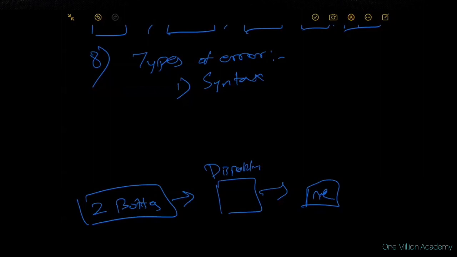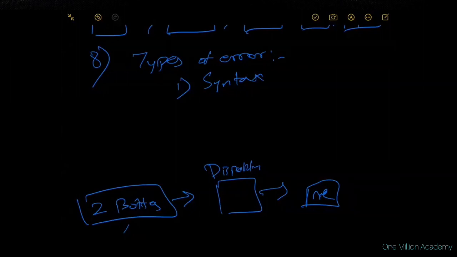If something is wrong with the syntax, that means the person is accepting my two bottles but not dispatching them, the process is not connected. If my bottles are accepted, it should return me something, and it's not returning. That is what a syntax error tells you.